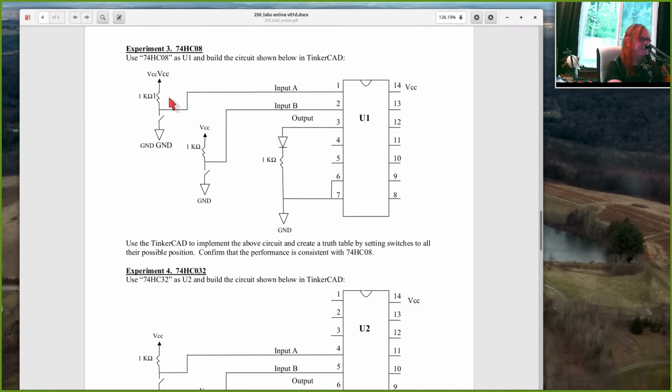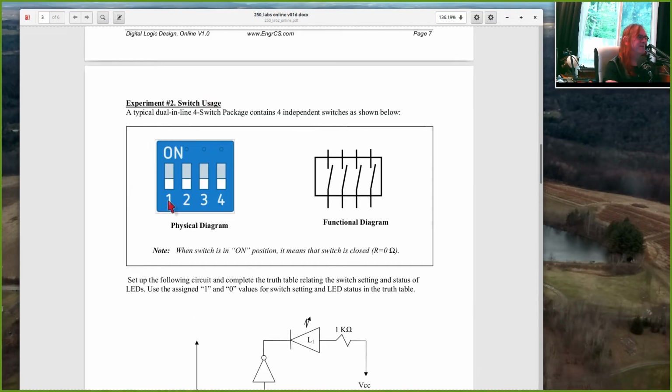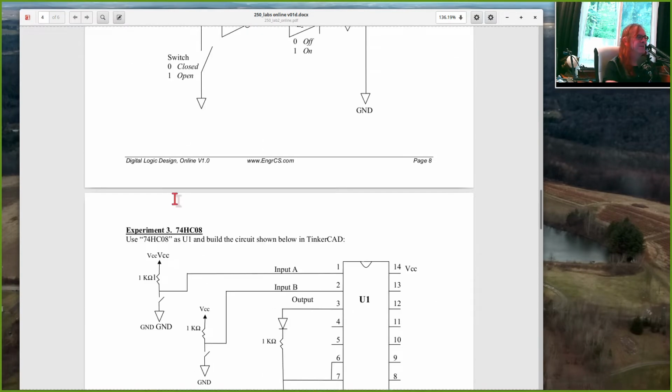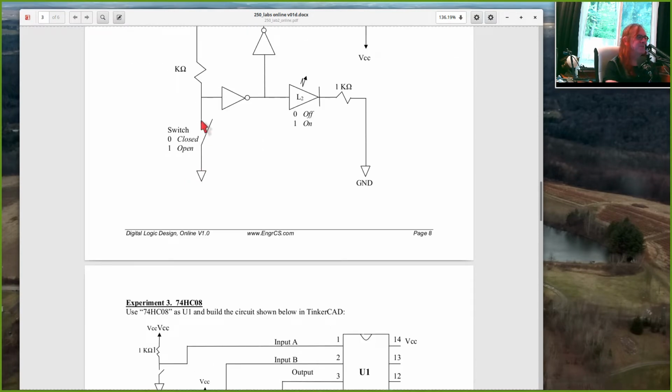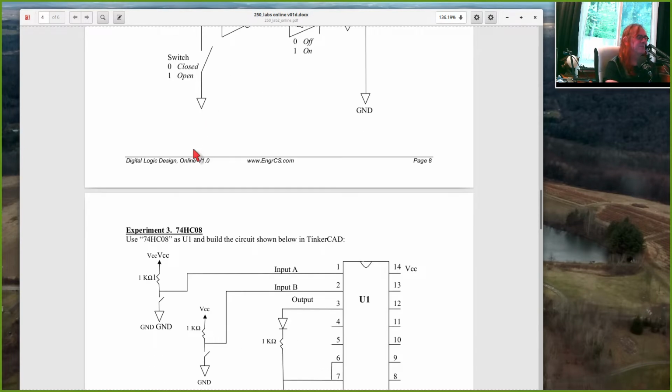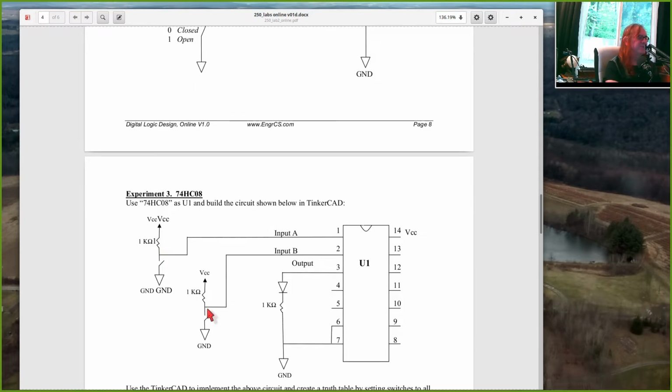But when you make your truth table, you want to know what the zeros and ones, what the logic values are. So if I'm testing my circuit, and I put both switches in the bottom position where it says off or where it doesn't say on, right? Those are cases where the switches are open. That's logic 1. So if both of these switches are open, I am testing the input configuration 1, 1.